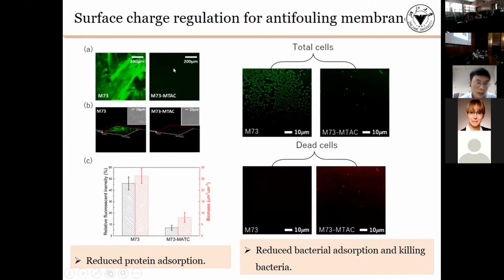Then we also tested the protein adsorption and the bacteria adsorption. We can find that after the surface grafting, the adsorption is very low, and we also tried to find the bacteria on the membrane surface after attaching.